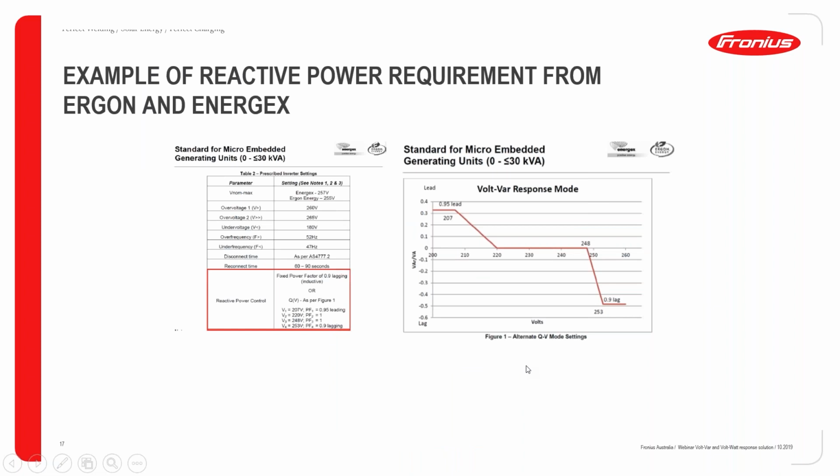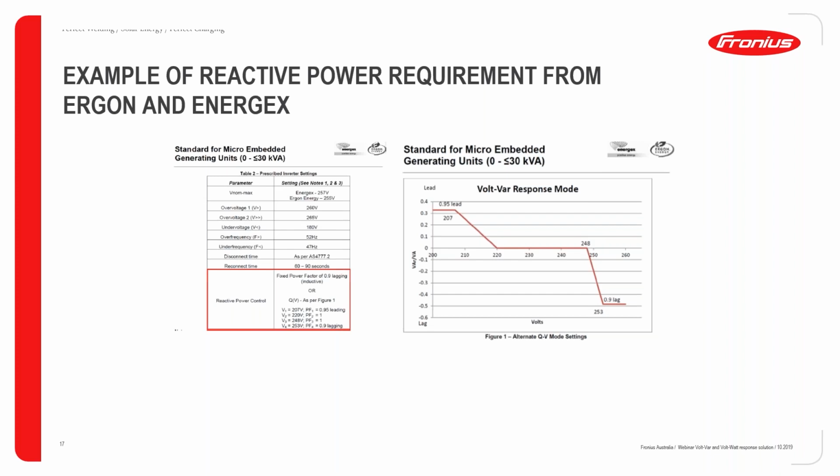So those tables for the Volt-VAR response mode and the Volt-Watt response mode are stipulated in the AS 4777 standard, but there are also some grid operators in different states. They have their own requirements too.